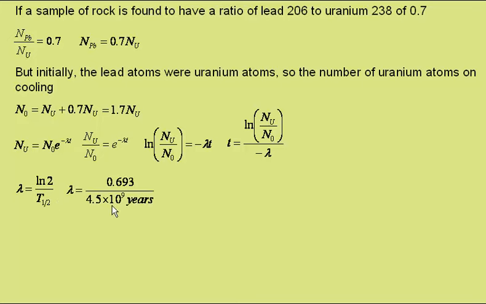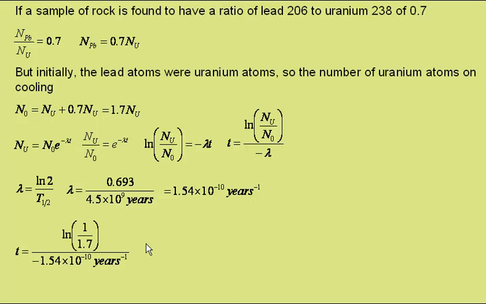And again, I'll find this out in years^-1, coming out at 1.54 × 10^-10 years^-1. We now have everything we need to put it into this expression, which I've done here, and this gives a time of 3.4 × 10^9 years.